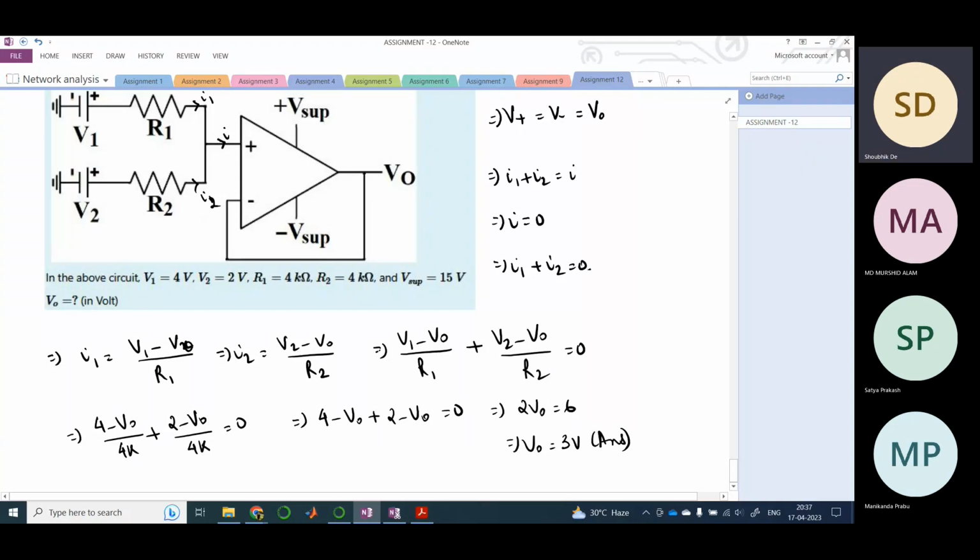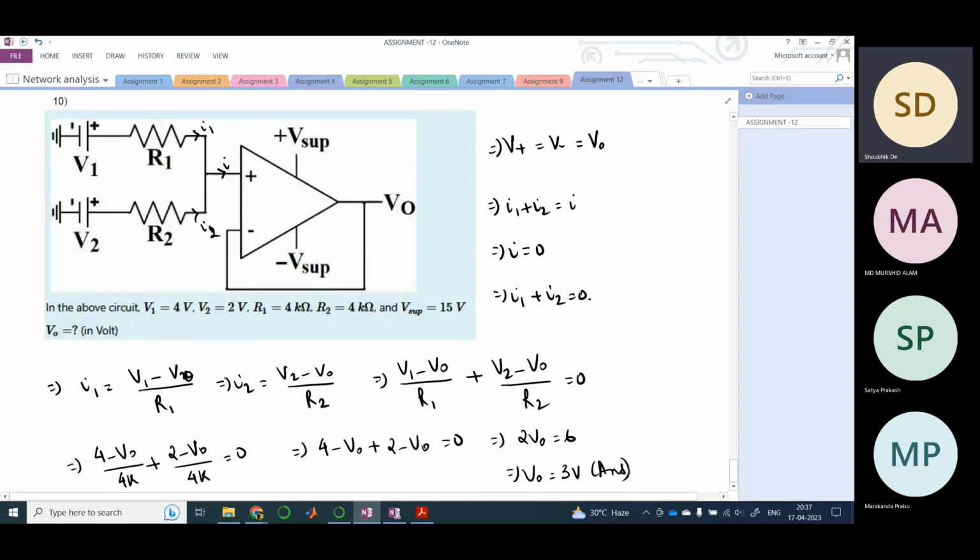This is also pretty simple provided you have understood the concept of ideal op amp. So this is about today's assignment. I hope you have understood the last problem, problem number 10.